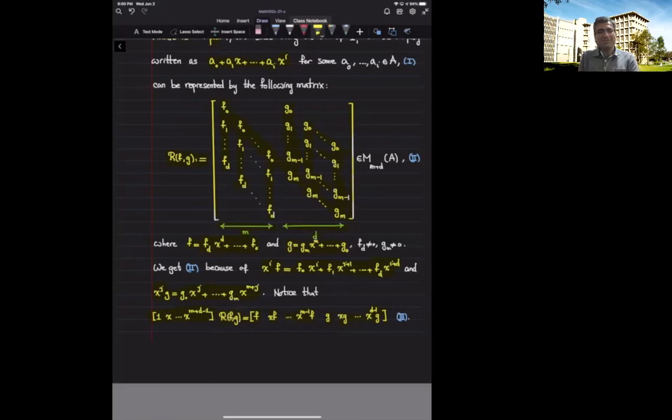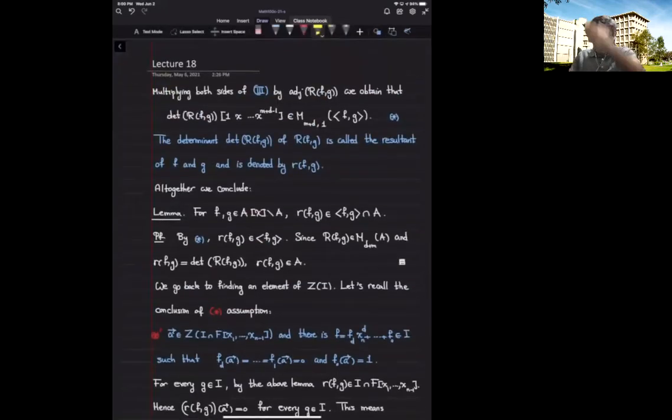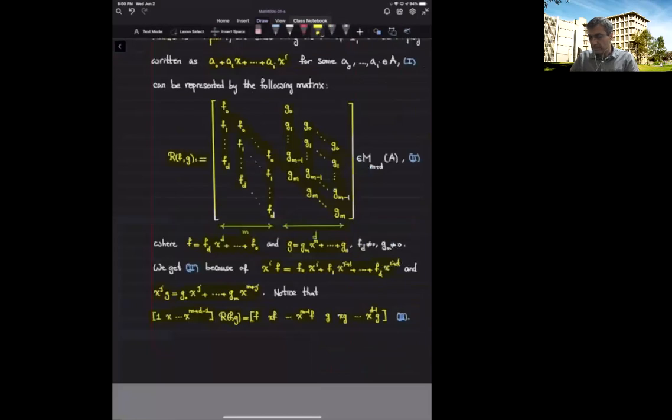When I multiply both sides of this equation by the adjoint of this matrix, we end up getting the determinant of this. Now it's a scalar matrix, so it doesn't matter if I put it on the left or right. Now I'm just scaling it. It's the determinant of this matrix times this row matrix, and that's supposed to be, you see, here all these elements are multiples of f, and all these elements are multiples of g.